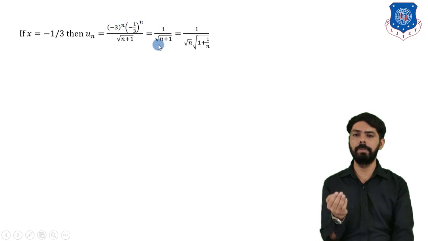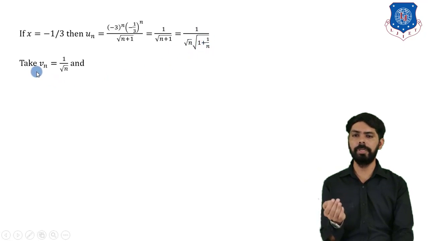So it will be 1 divided by root(n+1). Now we will take n common from denominator. So it will be 1 divided by root n into square root of (1 + 1/n).